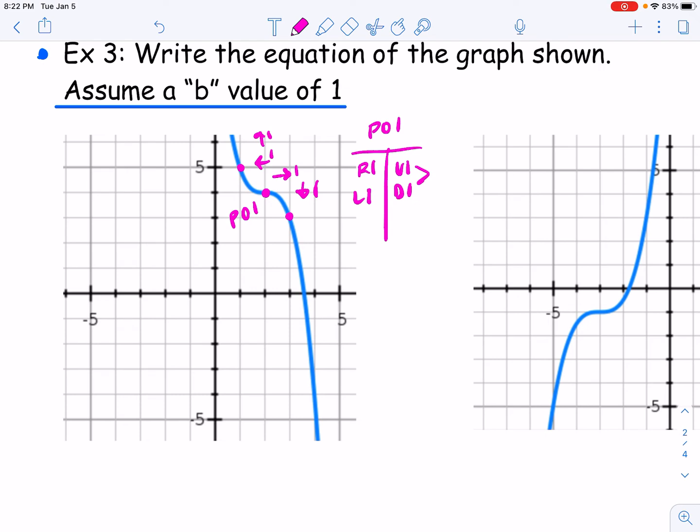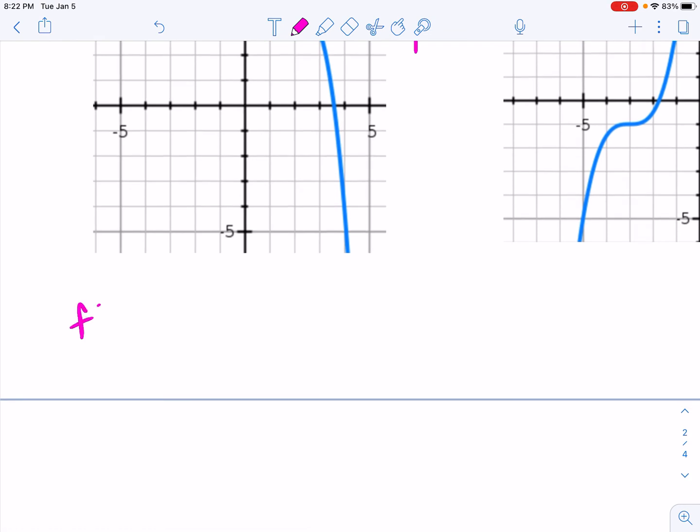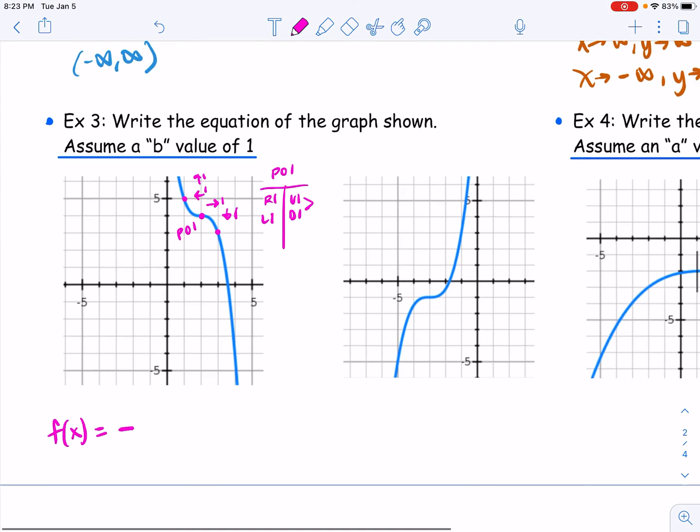So that means that I have reflected over the x-axis. So to write that, I need to start with a negative in front. I also noticed that this point of inflection is not at 0, 0. So it's been shifted over.